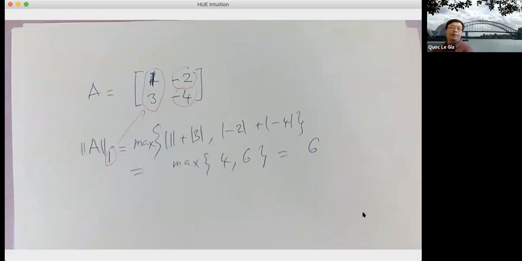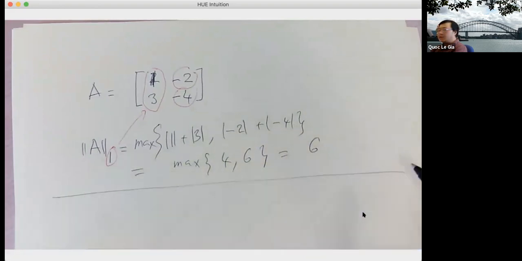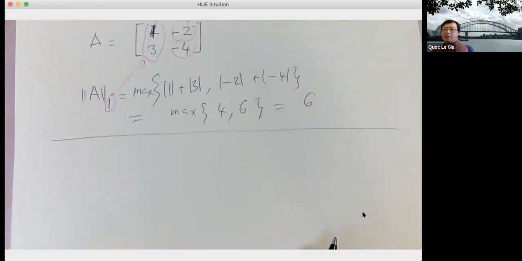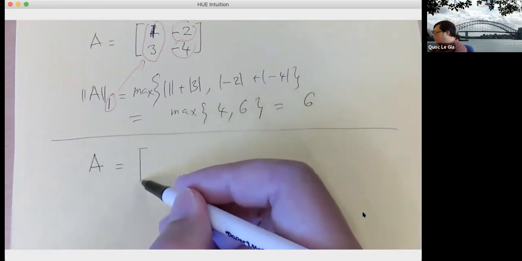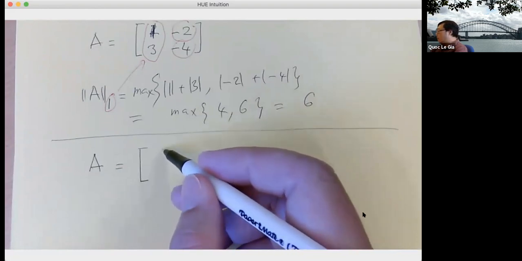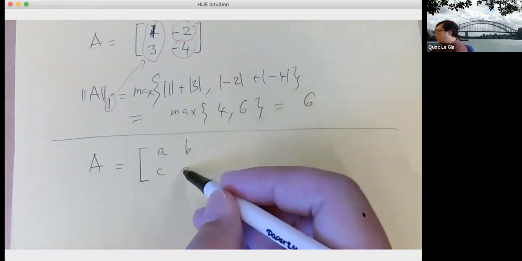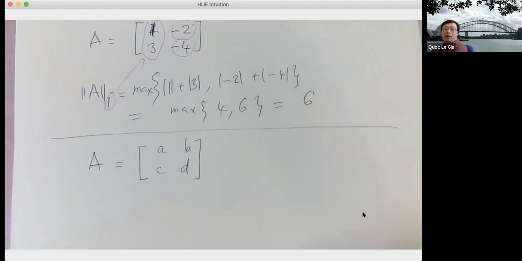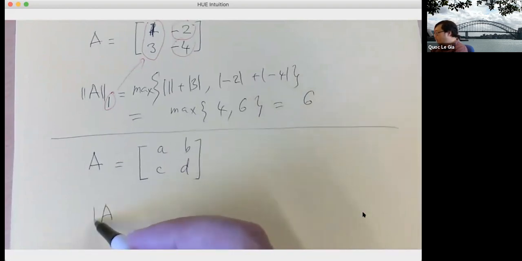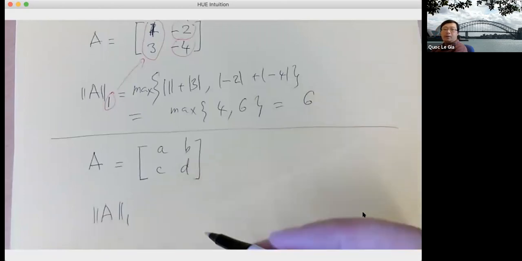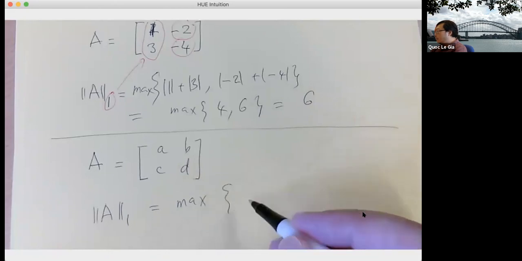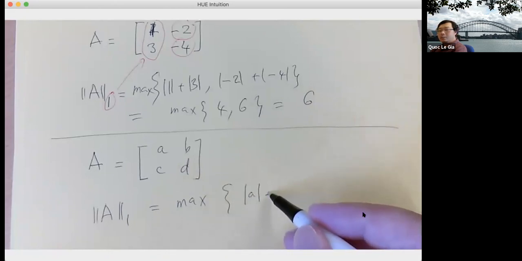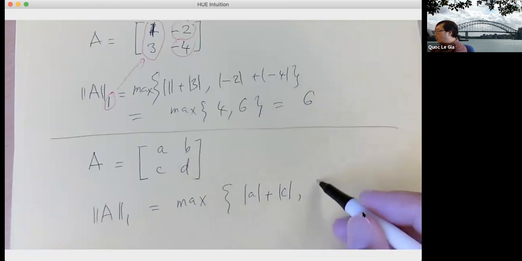Okay, but we can prove it. Why is this the case? Maybe you can look for the proof in the general case in the lecture notes, but now I just prove it for the case of a 2 by 2 matrix. Remember, 2 by 2 is the simplest case you can have. You have A, B, C, and D. My claim is that the one norm of the matrix A can be computed by the max of |A plus C| and |B plus D|.